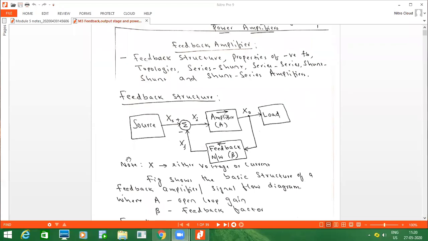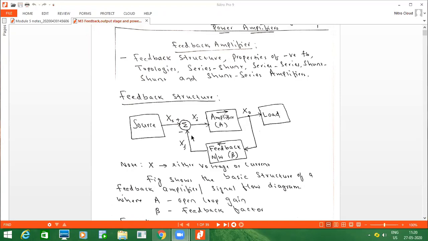Correct. So this is the general block diagram. So how are we going to conclude whether it is positive feedback or negative feedback, what we are using for designing this particular amplifier circuit? And also we are aware that especially for the amplifier circuit, we have to use negative feedback.